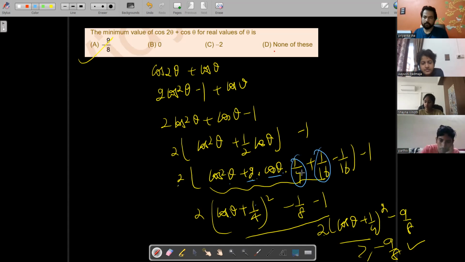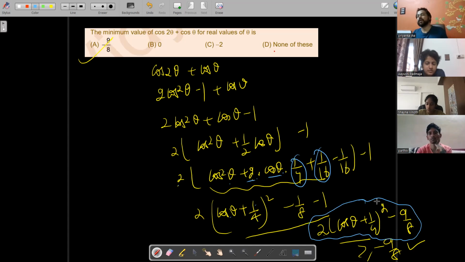Sir, I didn't get the last step. Which one? This one. Yes, sir. See, the square of anything is always greater than or equal to 0. It can't be negative. So this is the square of something.